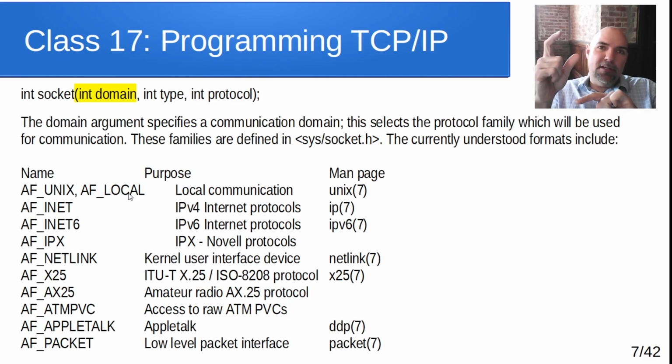Something we talked about in the, if you're in the concurrency class, we talked about that in there. But AF_INET is an IPv4 protocol, AF_INET6. And then there's IPX, NetLink, X25, AX25, ATM, PVC, AppleTalk, AF_PACKET, which is a lower level interface. But you'll notice that the one that we're going to be primarily focused on is this AF_INET.